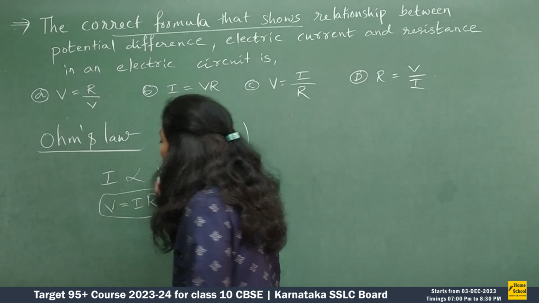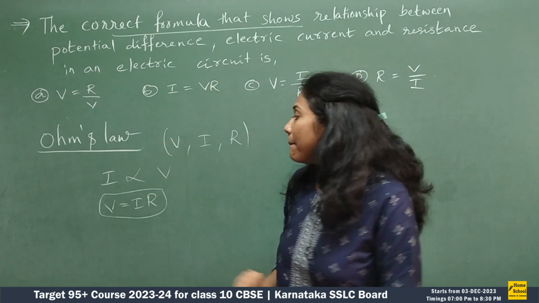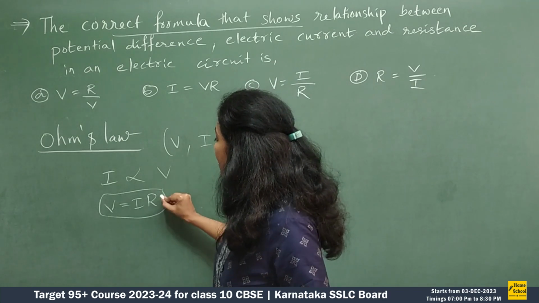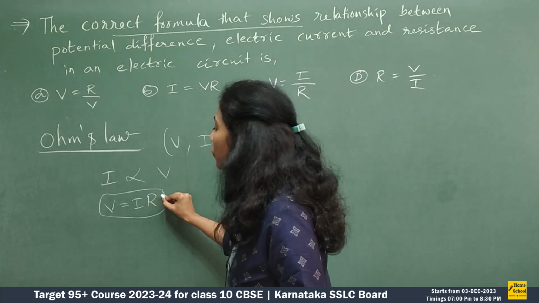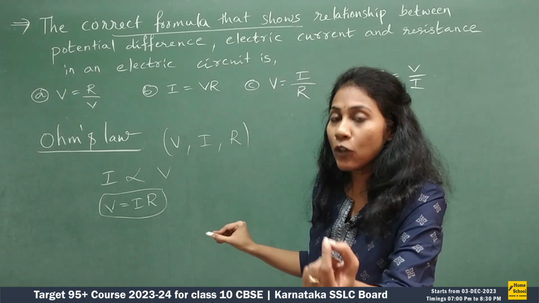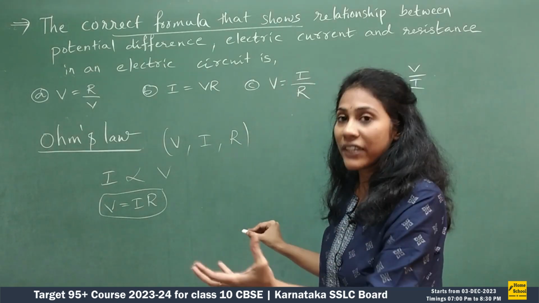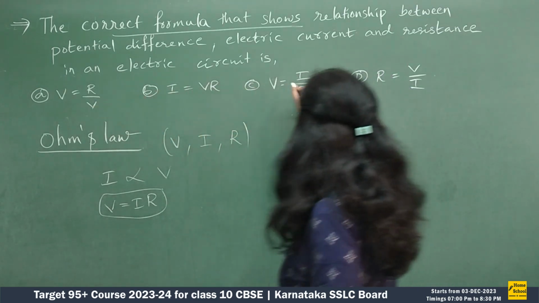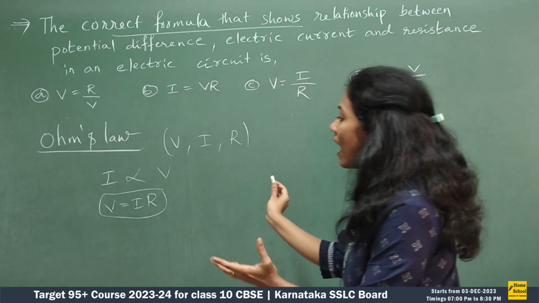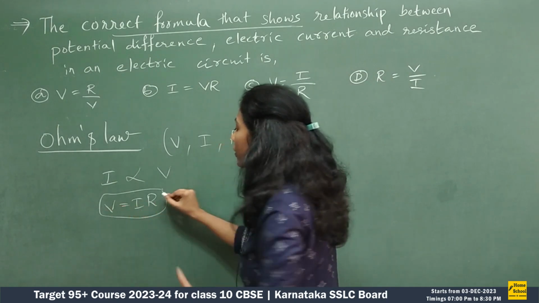Even this formula everybody remembers. But look here, this particular option is not there, right? V is equal to IR is the actual Ohm's law form that we have studied on a regular basis, whereas none of the options are actually like V is equal to IR.